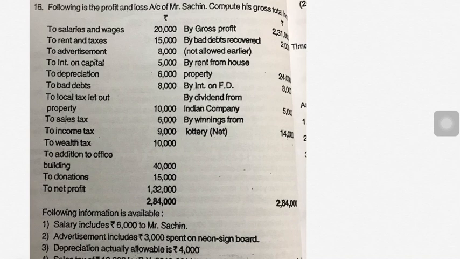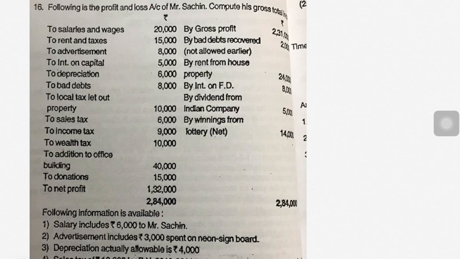Okay, so by rent from house property, this is an income which has to be treated separately, correct? So rent from house property is income from house property, right? So again this also you will subtract. Then by interest on FD, which means income from other sources.